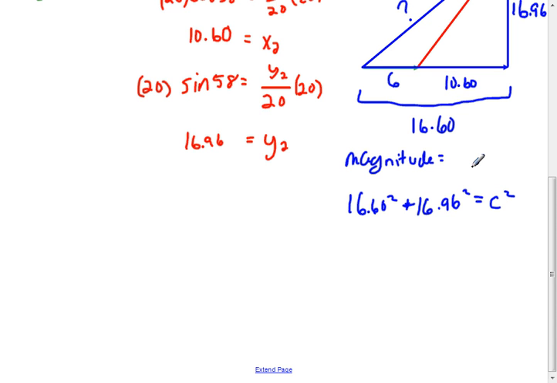All right, we'll punch that in. 16.96 squared is 287.67. And 16.60 squared is 275.56.